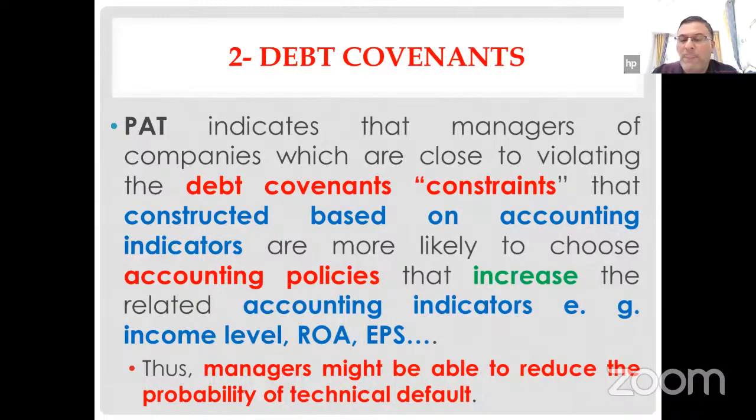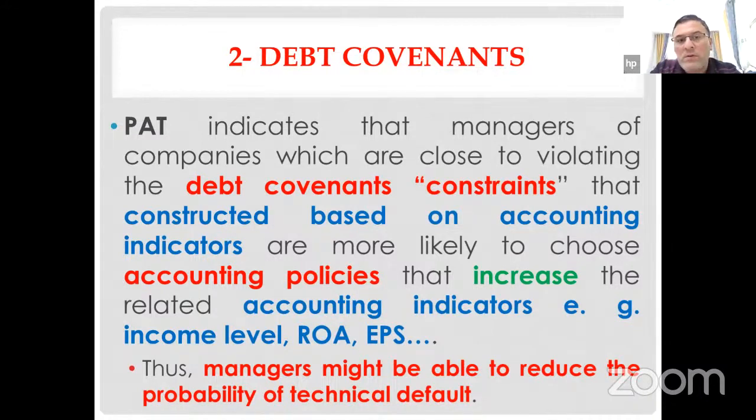Again, what positive accounting theory said about debt covenants. Now I think all of you have an idea about the meaning of covenant. Covenants means restrictions or conditions the companies must achieve or hold on to.